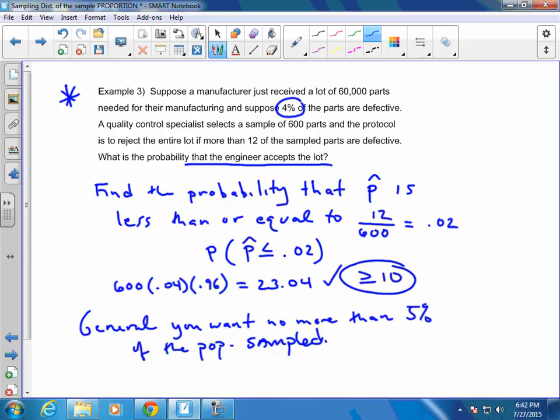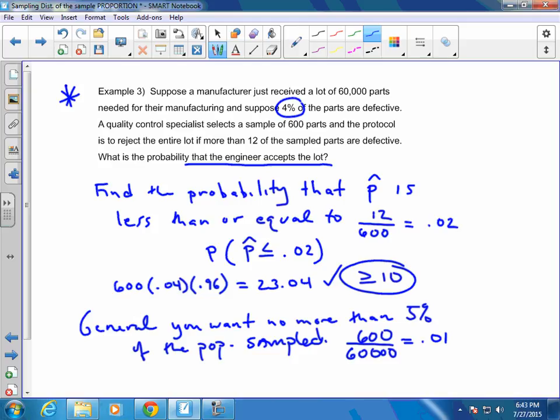The reason for that is if you sample more than 5%, then the probability that an individual shows the characteristic, whether it's a defect or whether it's taking a math class, changes along the way because you are removing a lot of individuals from the population. So here, sampling 600 out of 60,000, if you punch that up, that's 0.01 or 1%. So we're certainly fine as far as being under 5%.